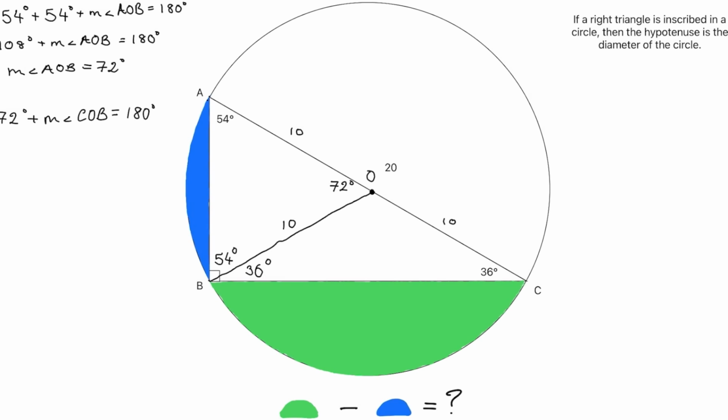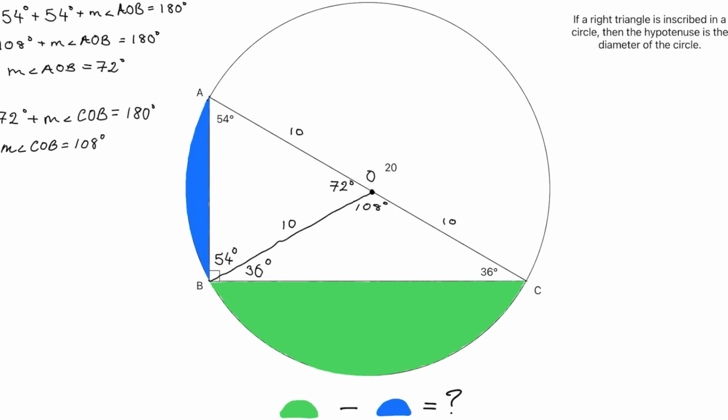When we subtract 72 from both sides, we get that the measure of angle COB equals 108 degrees. All right.